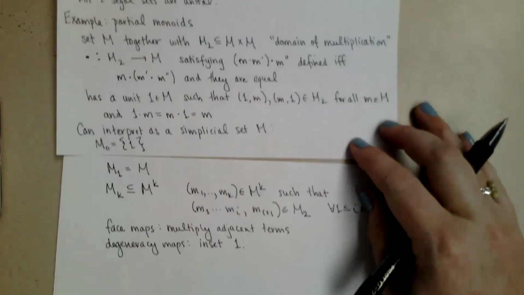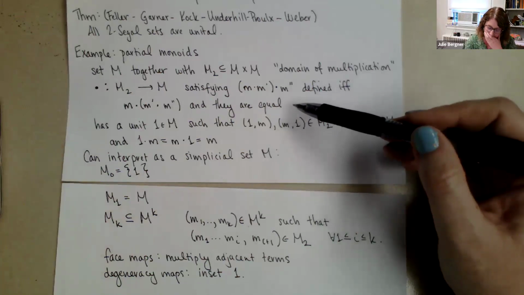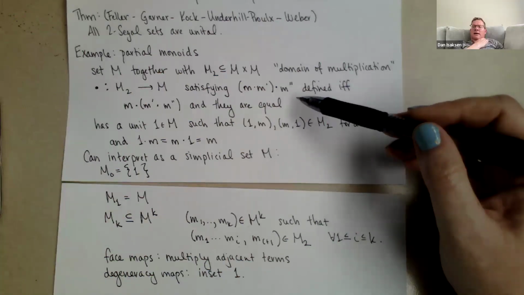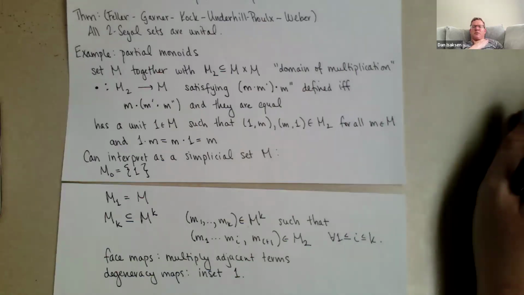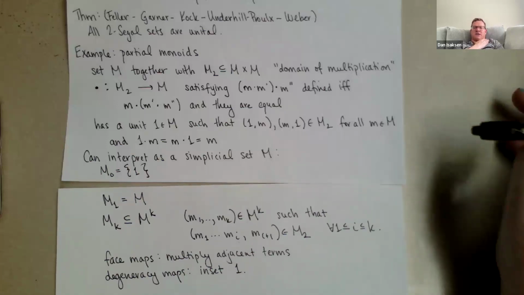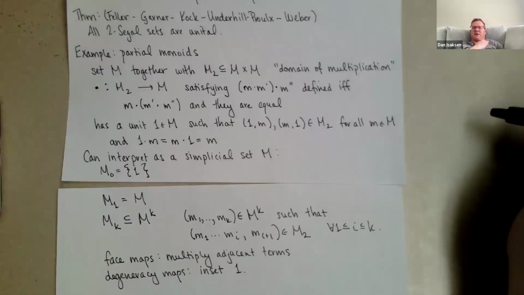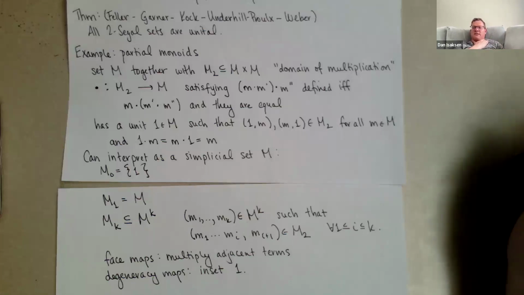I'm thinking that might be unnecessary because of the associativity. Yeah, I was thinking that you could define Mk to just be all of the k-tuples for which the product is defined. And that's because of the condition that they're defined if and only if they're defined, it doesn't matter how you parenthesize it. Yeah.